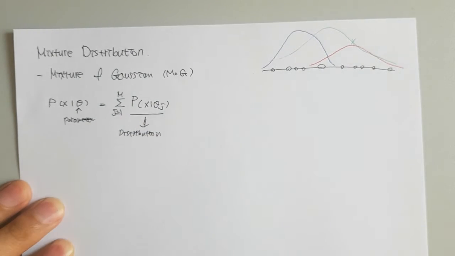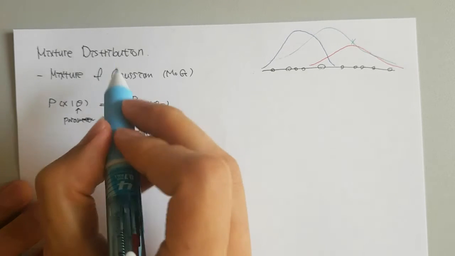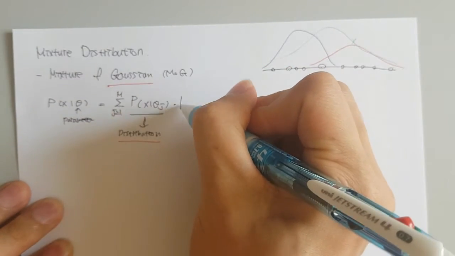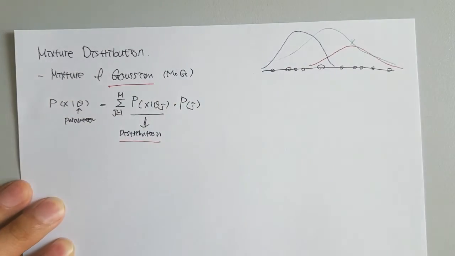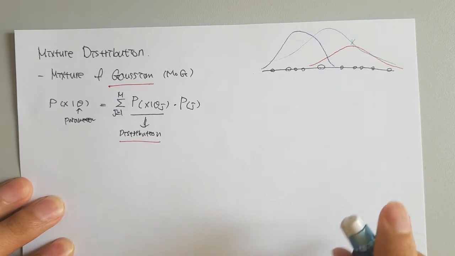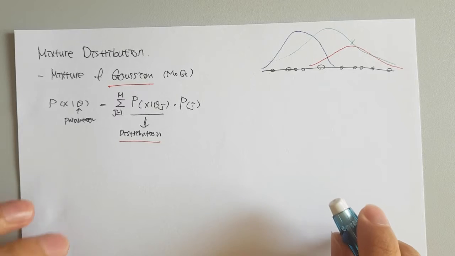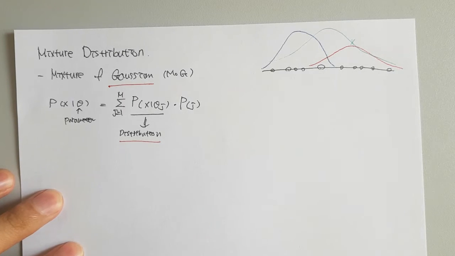And here we will assume this distribution is Gaussian, and there is a weight, so each data point has a different impact on different distributions.